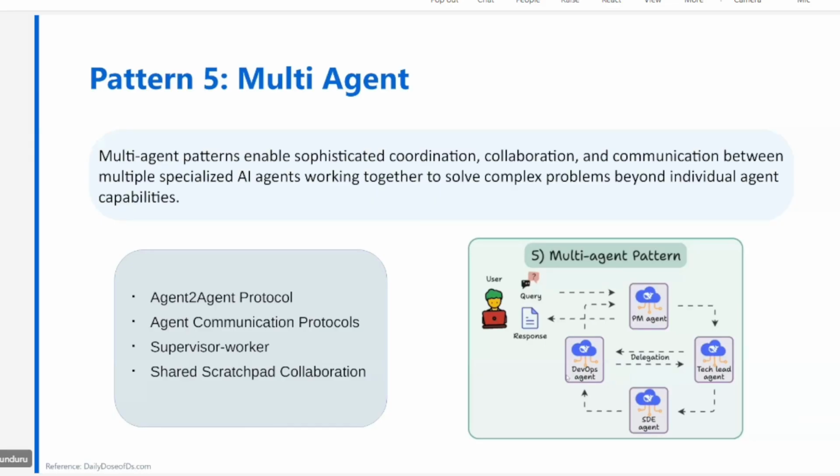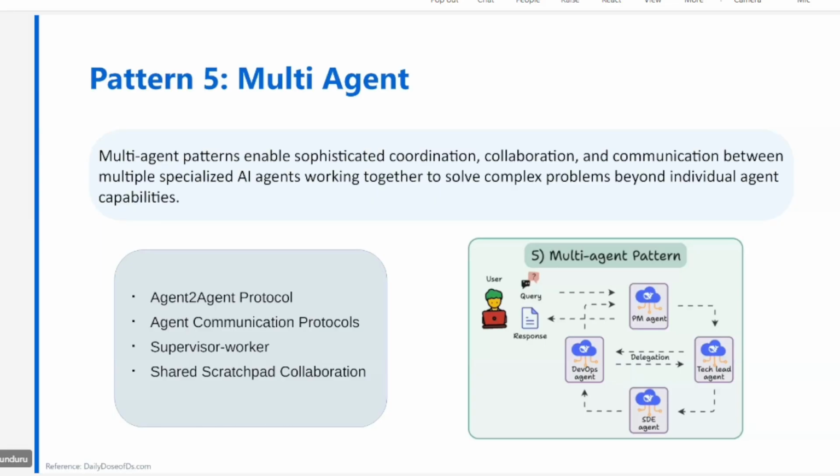For example, if there is an issue in production and the project manager wants to resolve it, that task or story is assigned to the tech lead, and the tech lead agent will be identifying whether it is appropriate to the scope of his work, or whether some DevOps engineer is supposed to do it.